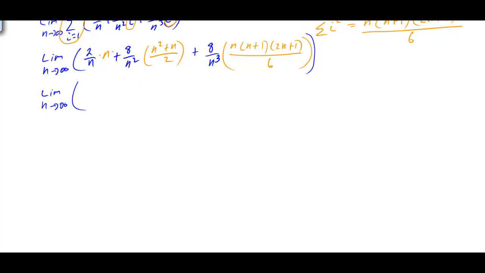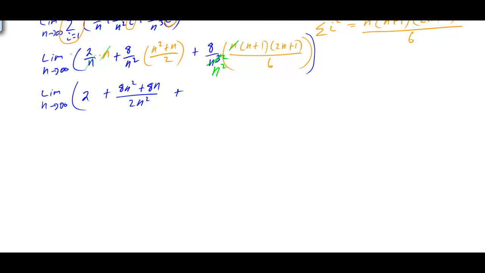So of course here 2n over n, the n's are going to cancel, so we're left with 2 plus, here we distribute the 8, we have 8n squared plus 8n over n squared times 2 is 2n squared plus, and here we can do a little bit of simplification. We have the n cancel, so this becomes n squared on the bottom.